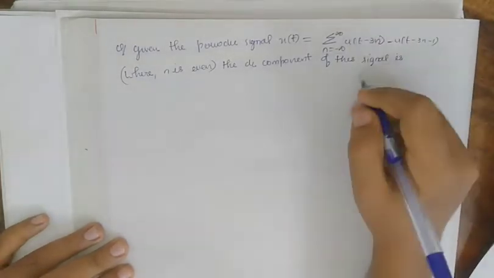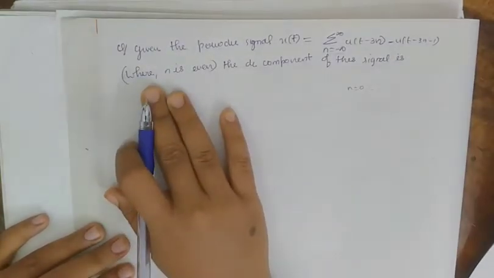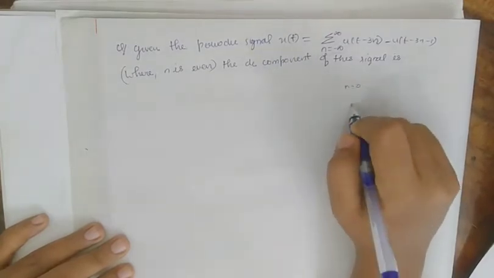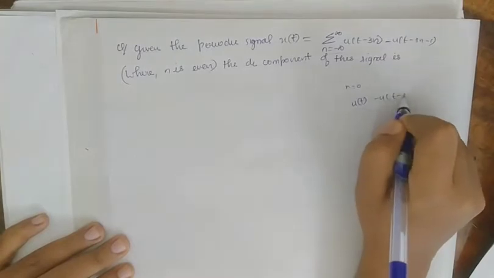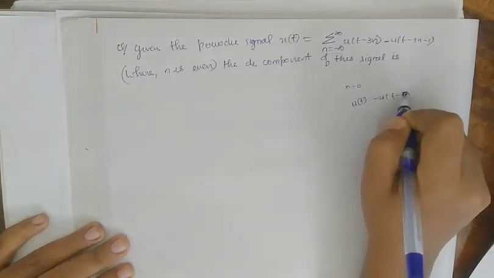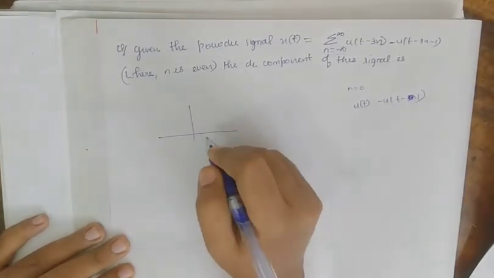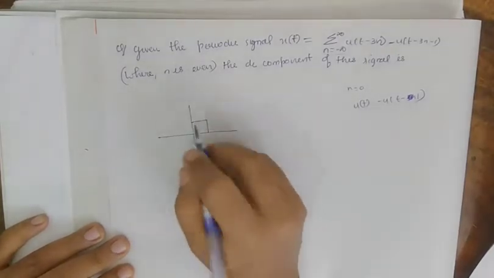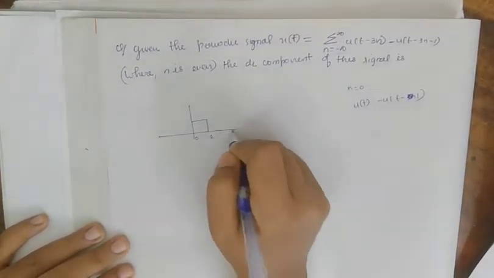So first, u of t minus 3n, and let n be 0. It is given that n is always an even number. So when n is equal to 0, what will be the equation? It is u of t minus u of t minus 1, right? So 0 to 1 it will be like this.